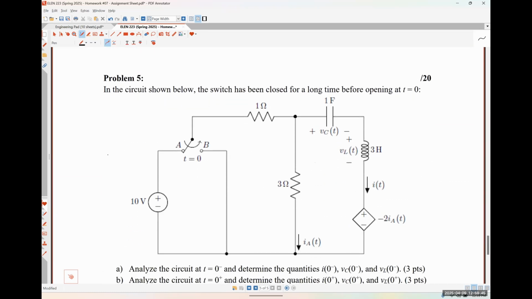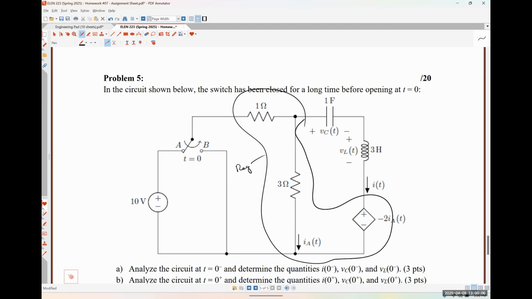This guy right here, if we recognize that this thing is an equivalent resistance, which again, we have to do to determine whether it is overdamped, critically damped, etc. I actually think that IA would be easiest by doing current division, because I know that all of I1 is going to flow through here, and then it's going to split between those two resistors.